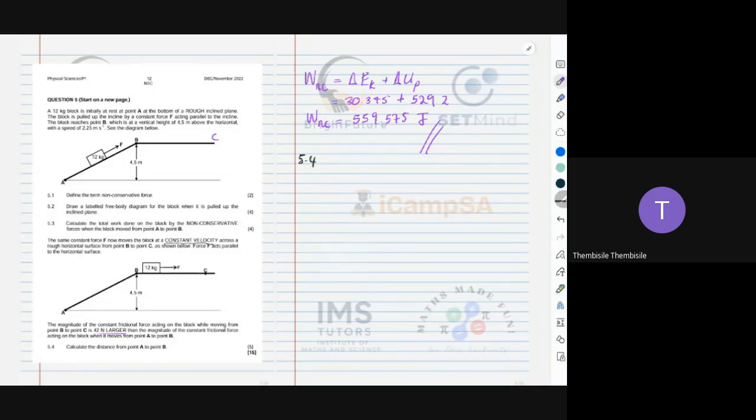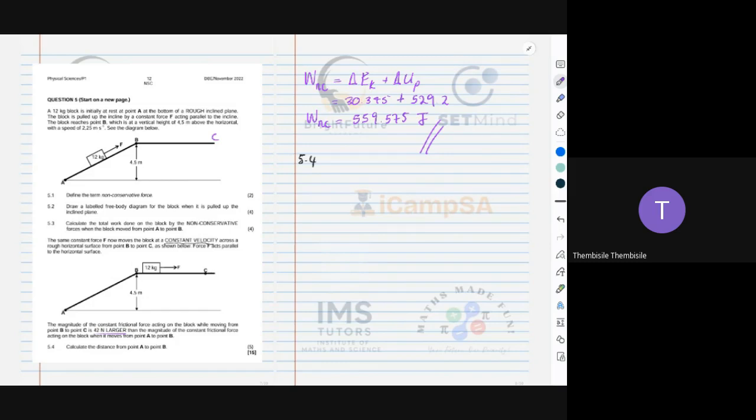Then they ask you to calculate the distance between point A and point B. So this question is structured to confuse you, right? So we're gonna try and dissolve it such that you are able to understand.